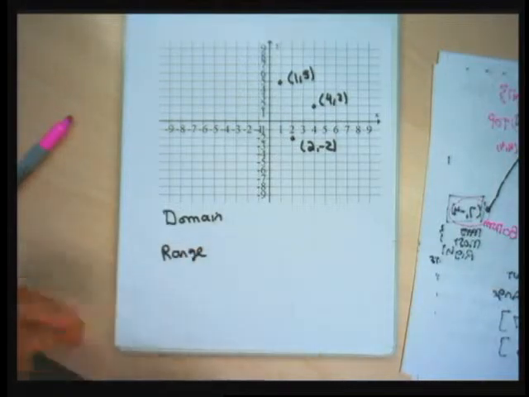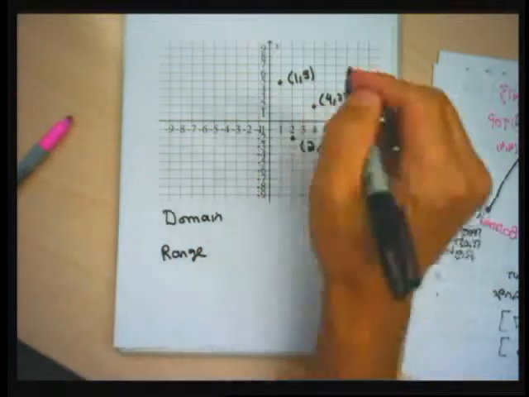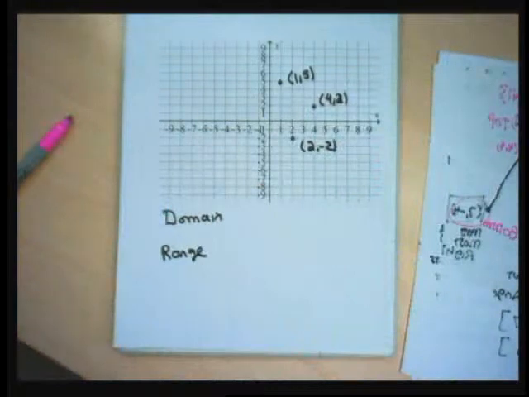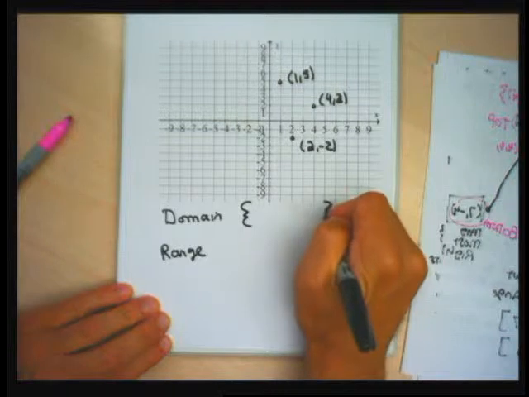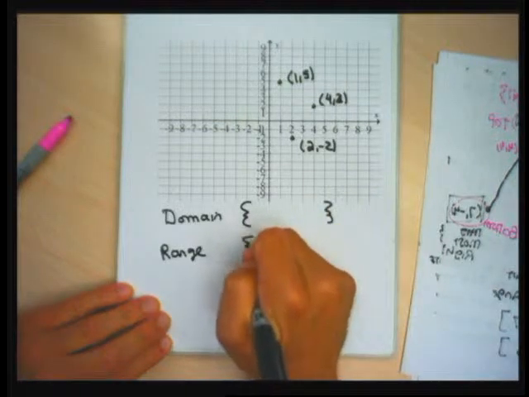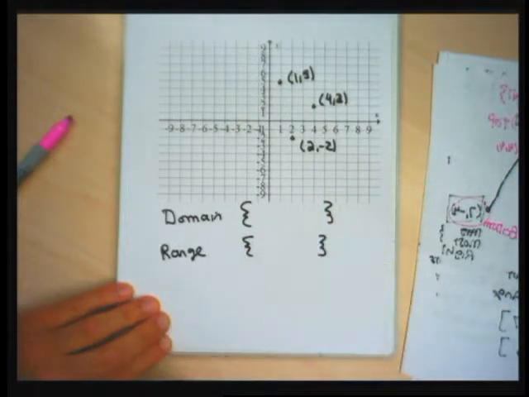I'm just making up problems because I didn't think there was enough problems in my handout. If this was a test question, the points aren't connected. This is a finite relation. And in finite relations, the domain and the range, you use the squiggly set brackets. And you just write the x and the y coordinate of each point.